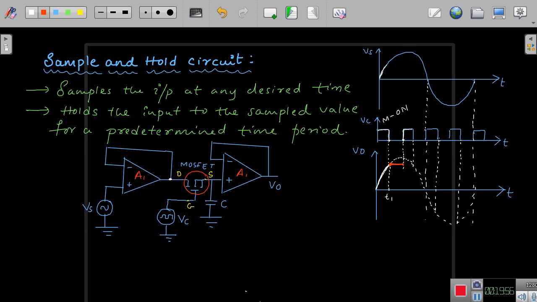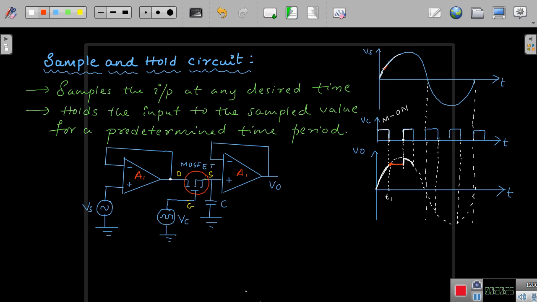Then after that you are going to make the input appear as it is. So again you turn on the MOSFET here at this instant. The moment the MOSFET is turned on, your input is continuously increasing like this. So at this instant, till this point, you are going to have the input.